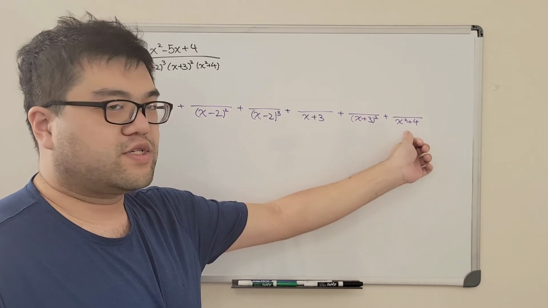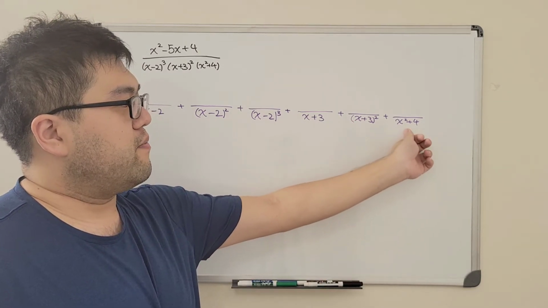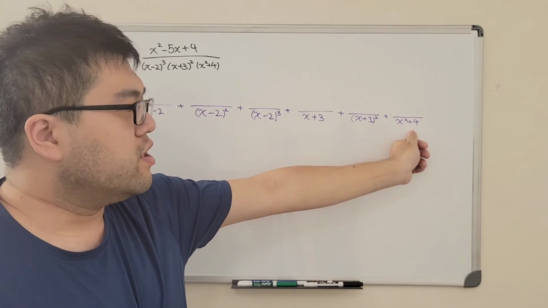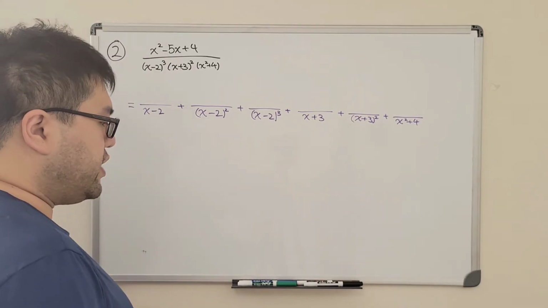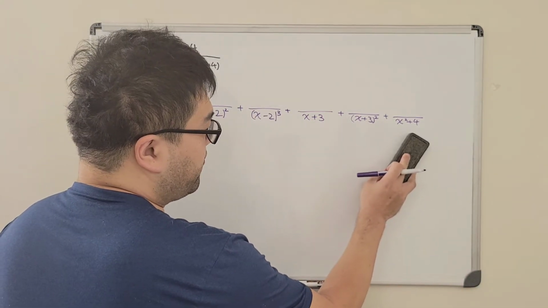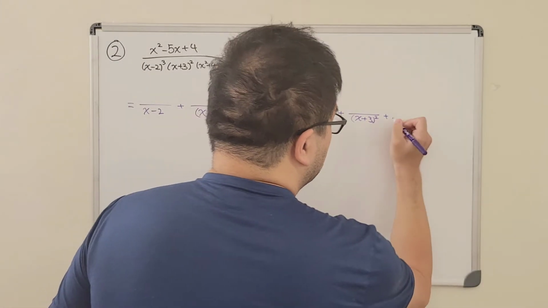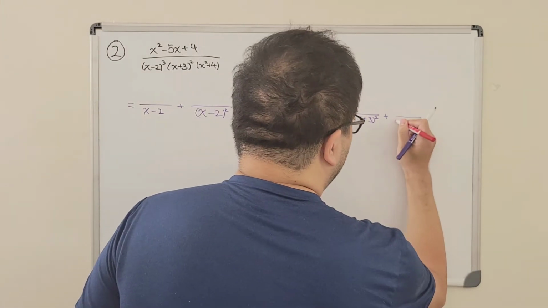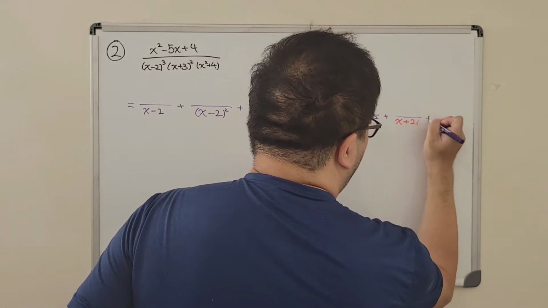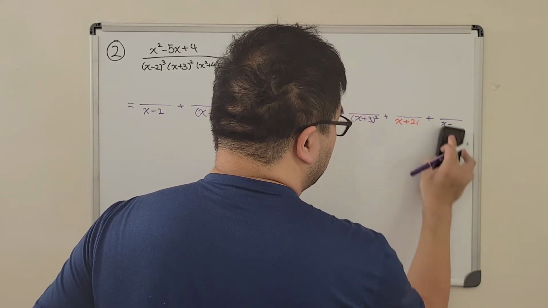And now we see that there are two different complex solutions that can make the denominator x squared plus 4 equal 0. So what we need to do now is break the last fraction into two parts: x plus 2i and x minus 2i. Let me write in red.